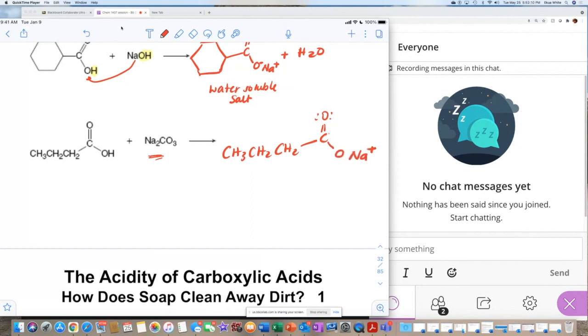Sodium is still positive here. This is negative. And then this time, though, we don't form water because this goes off with this. So essentially, we end up with a weak acid. I'm trying to keep this simple. We end up with a weak acid.